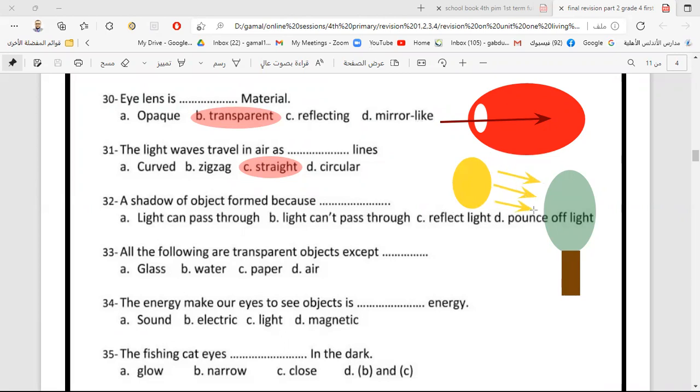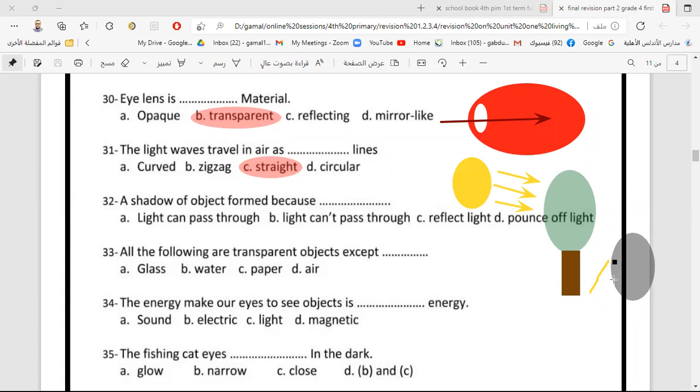We can see the shadow of the tree. Why can we see the shadow of the tree here? The tree shadow is formed here. Because there is no light. Why is the shadow formed?